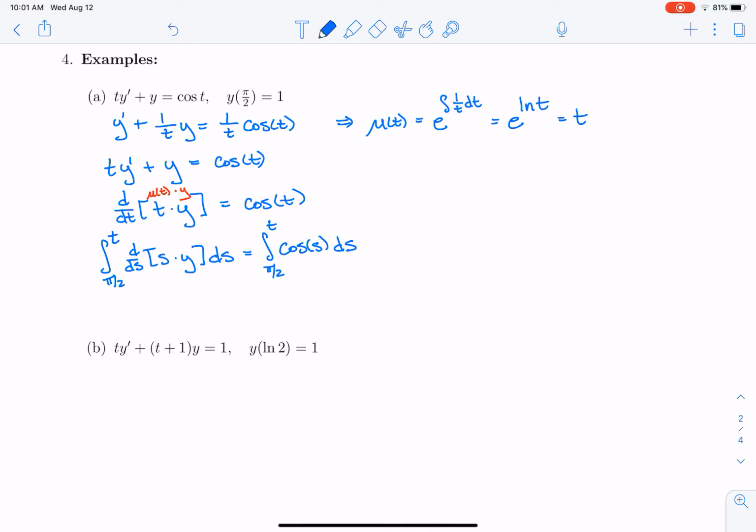Okay, so doing the left integral, the antiderivative of the derivative of s times y is just going to be s times y. So I'm going to evaluate this. I'm going to get t times y of t minus pi over 2 times y of pi over 2.